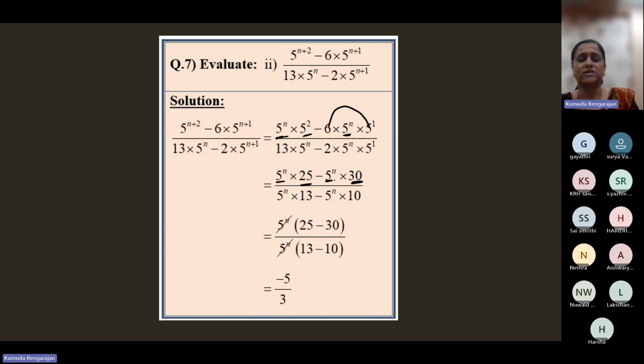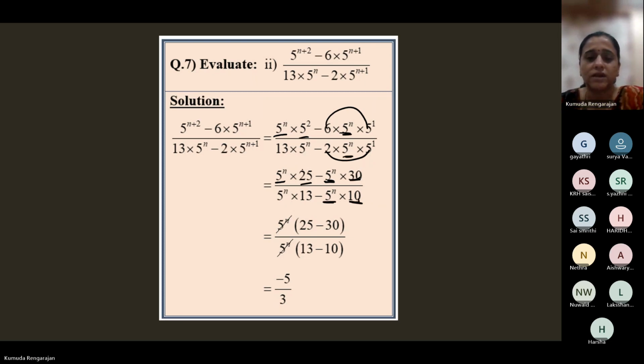I told you, you can write anything first, children. You can write 25 first and then 5 to the power n. It's multiplication, so it's commutative. You can write it in any order. 2 5s are 10, 5 to the power n. And here as it is, 13 into 5 to the power n.